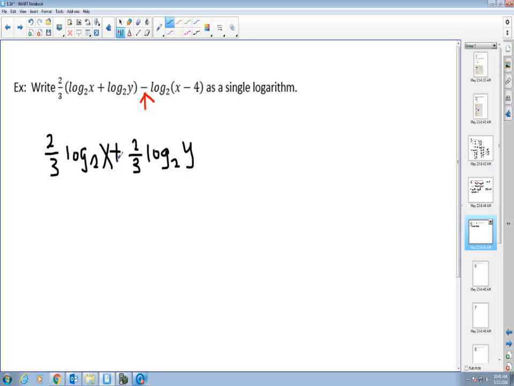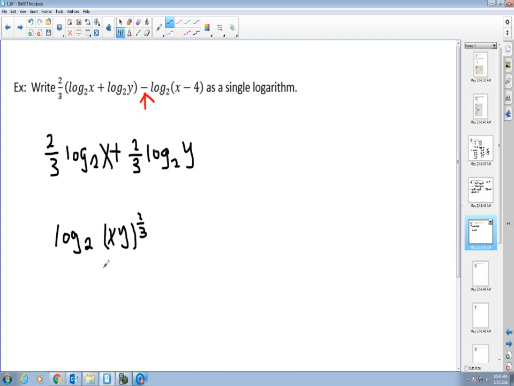And the plus sign will eventually become multiplication between the x and the y, and the 2/3 will hop back up on the 2 variables. So basically what we have here is a log with a base 2 of x to the 2/3 times y to the 2/3. Since both of them are to the 2/3, I can say that's xy, the plus sign becoming multiplication, to the 2/3 power.